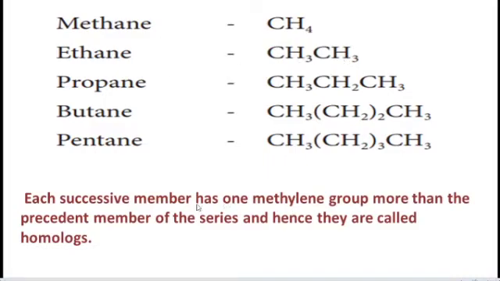The successive member has only a methylene group, that is CH2, more than the precedent member of the series, and hence they are called homologues.